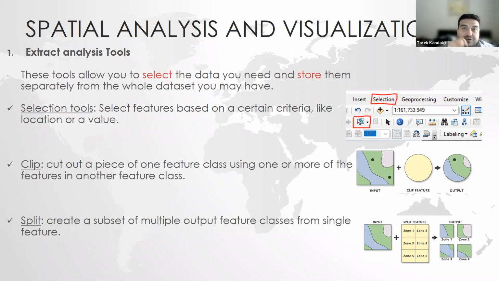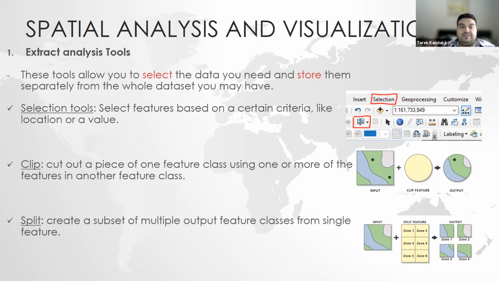And you can store this data. Like if you have data for all Africa and you're studying, as we said, Egypt, Tunisia, and Libya, you just select the data set for those three countries and save it elsewhere, however you want. And then your analysis will be on this data set only. So you don't have to worry about whatever is in South Africa or Nigeria or Sudan or all that stuff because you don't want them. So the first type is the selection tool. It's where you select features based on certain criteria, like location or a value.